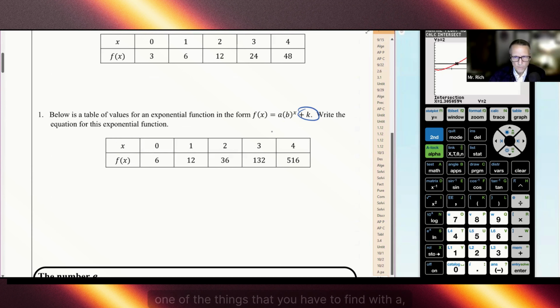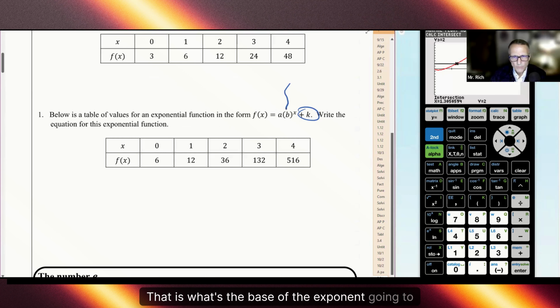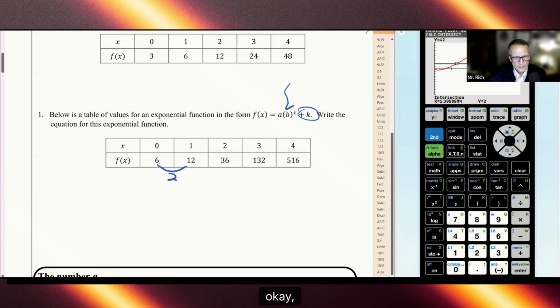But one of the things that you have to find with an exponential function is what the common ratio is. That is, what's the base of the exponent going to be? That's the very first thing I have to find if they've given me a table of values. One of the things that throws students off on this problem is if you try to find the common multiplier, you say, okay, 6 times 2 is 12.